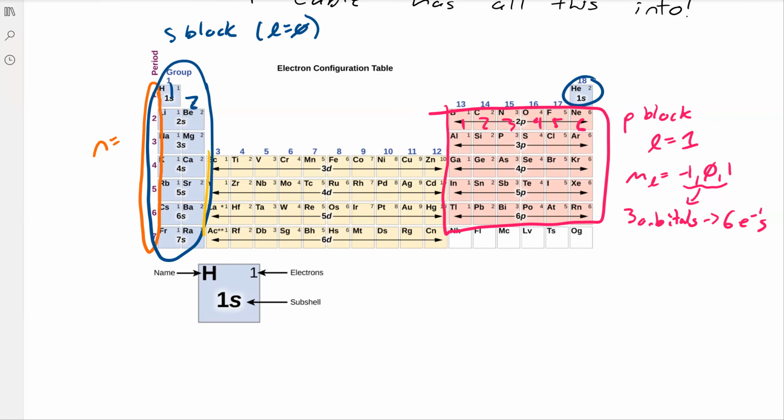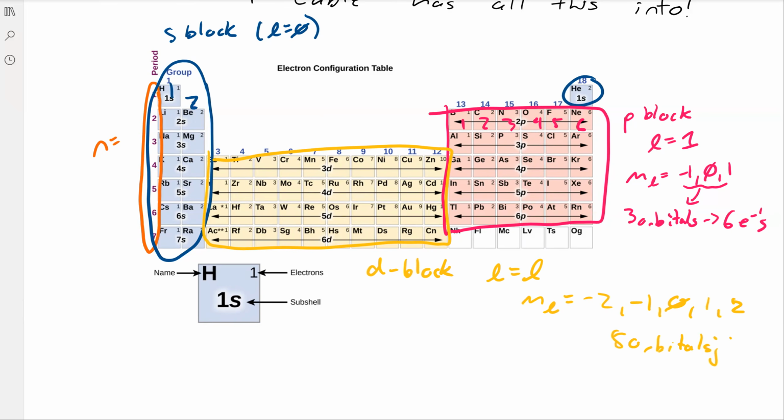This is the D block. Right here, your L is equal to 2. Your M sub L can go all the way from -2 to +2. If you count how many there are, that's 5 orbitals. 2 electrons per orbital, that's 10 electrons. And if you count here, 1, 2, 3, 4, 5, 6, 7, 8, 9, 10.